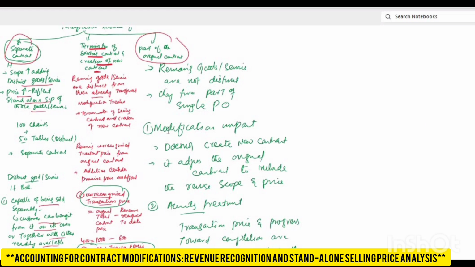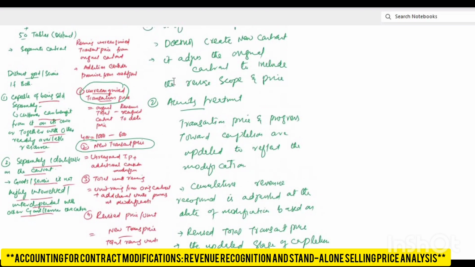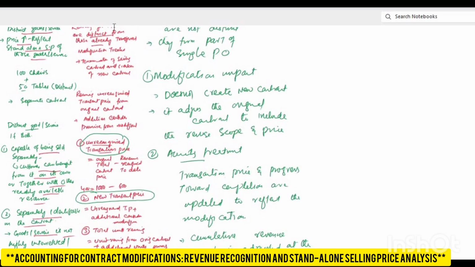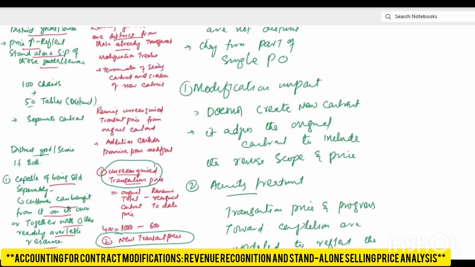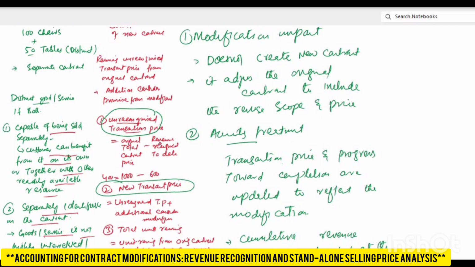Now if the remaining goods or services after modification are distinct, then you will have to terminate the existing contract and create a new contract. You see here, the termination of the existing contract and the creation of a new contract. So the remaining goods or services are distinct from those you have transferred before the modification.